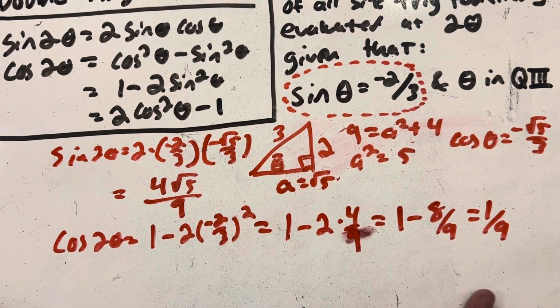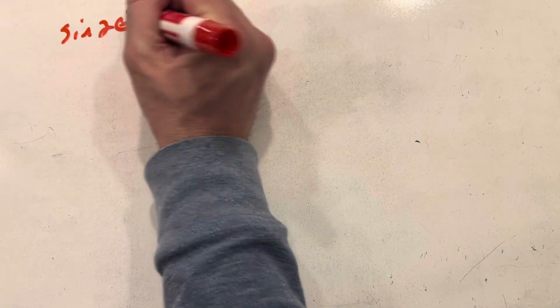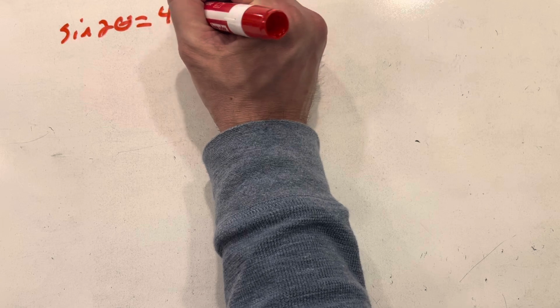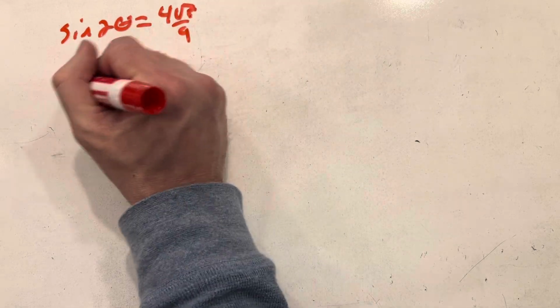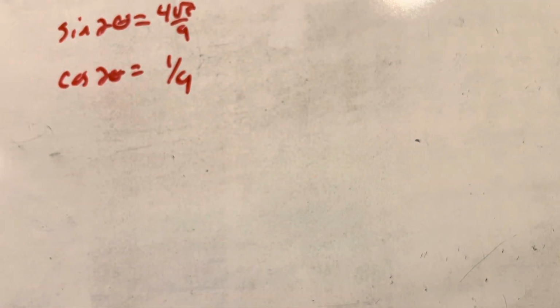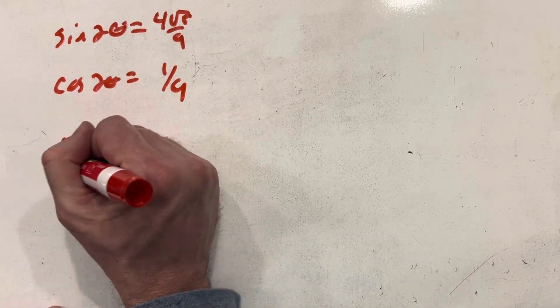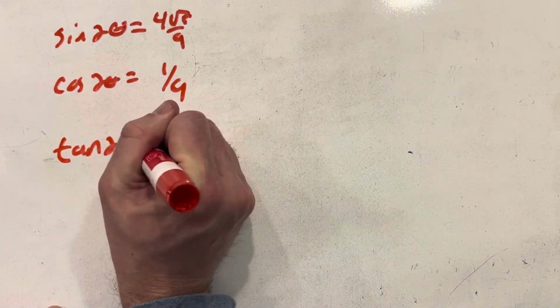All right, I'm going to transfer some information over here to the second board. We found sine of 2 theta to be 4 root 5 over 9. Cosine of 2 theta we found to be 1/9. And I guess I could use more double angle formulas, but instead, I'm going to use a quotient identity.